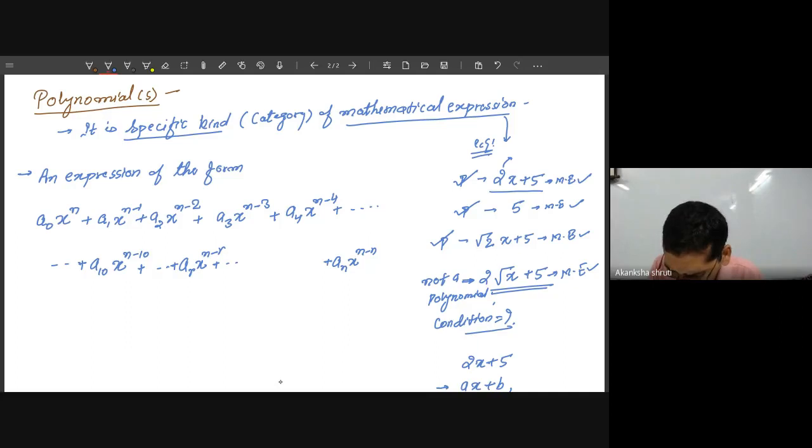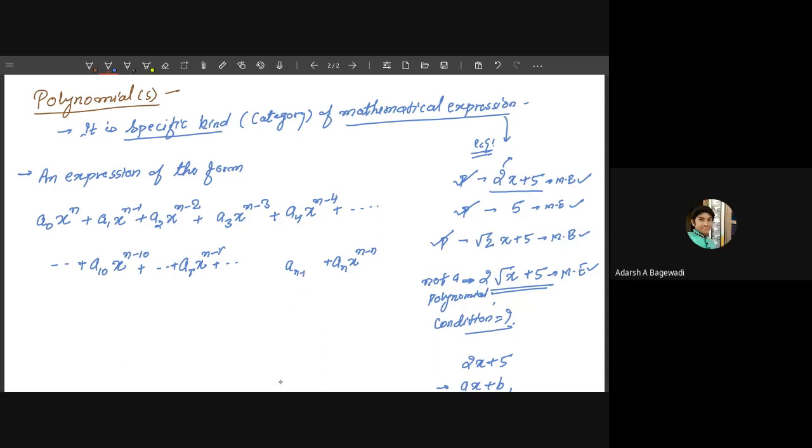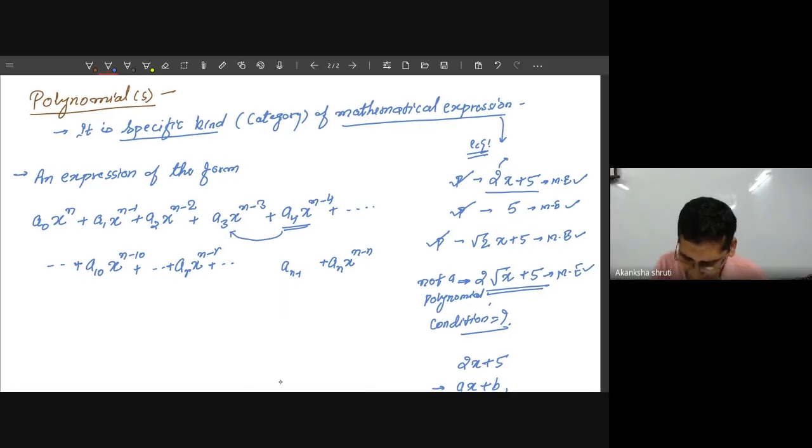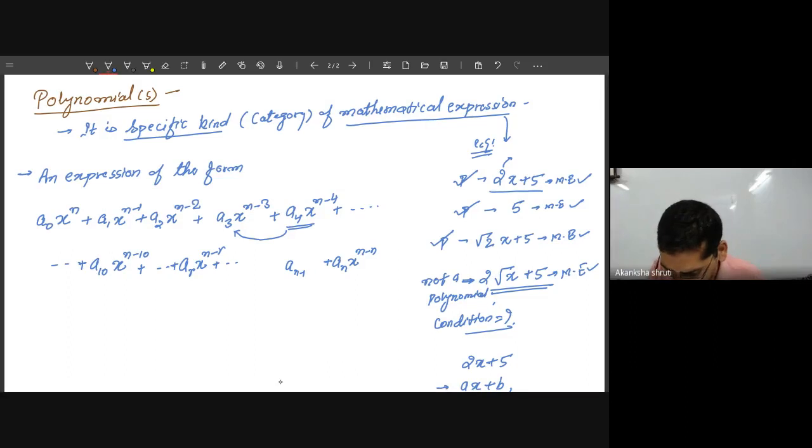What will be the term just before this? It will be a n minus 1, meaning just one term before. Example: if you are taking a4, before that there is a3. In the similar fashion, if I have written an, before this there is a n minus 1. That is any constant.